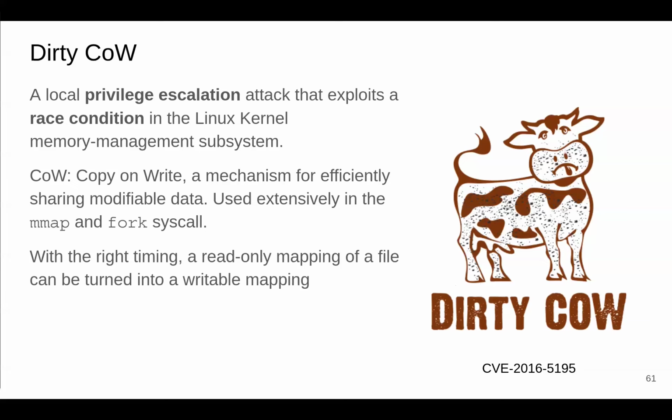And in the Linux kernel, there was an issue in this copy-on-write implementation that allowed an attacker, if the memory pages were related to file descriptors, to turn read-only pages into writable pages, which is quite bad if you have a writable page that then contains code that is used in another location, and you can modify the code of another process.